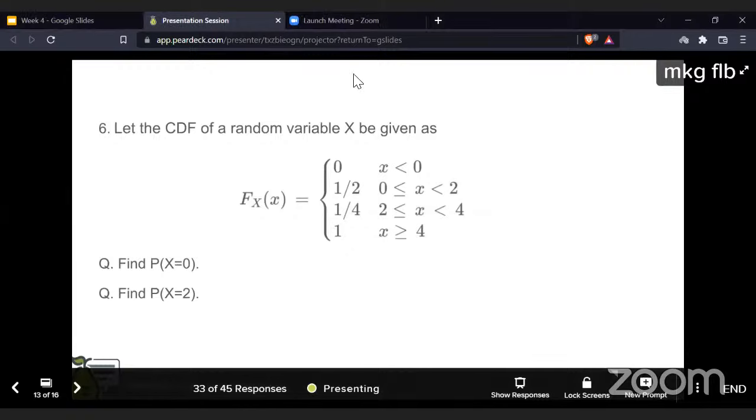At 2 it is clear that it will be 0.25, but at 0, for x less than 0, it is 0, right? And for x equal to 0, it is 1 by 2. Sorry, here it is 1 by 4. I had told you to interchange 1 by 4 and 1 by 2.